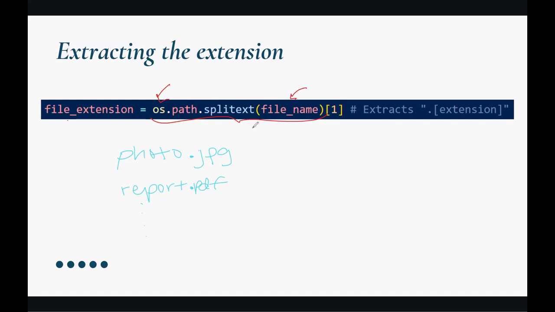That path is split into two components. This photo.jpg will be split into basically photo, comma, and then the second item is .jpg. And report.pdf will be split into report, comma, .pdf.